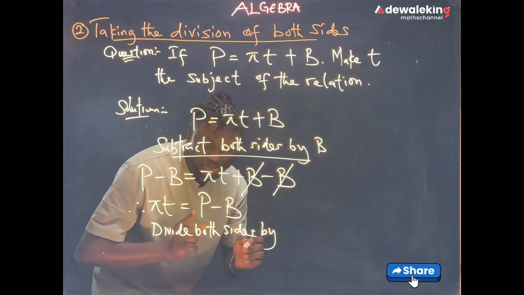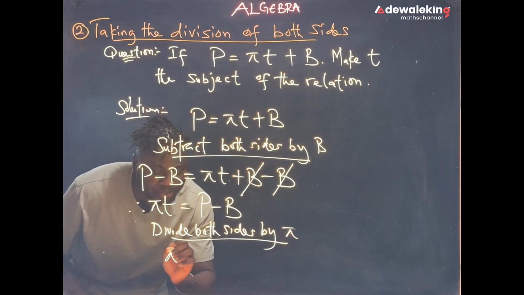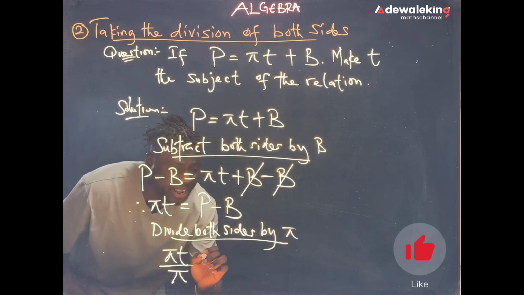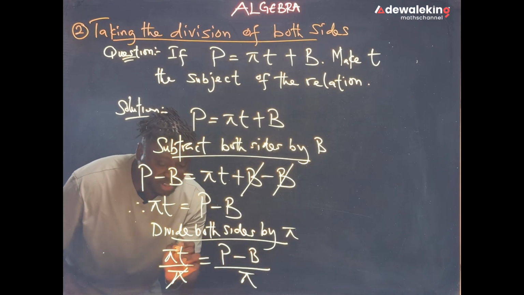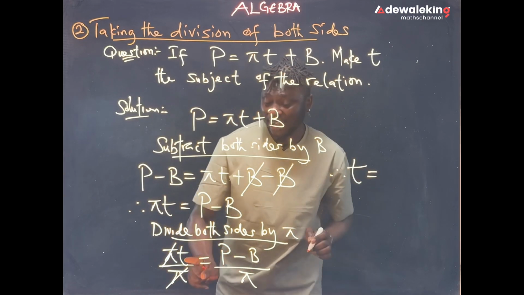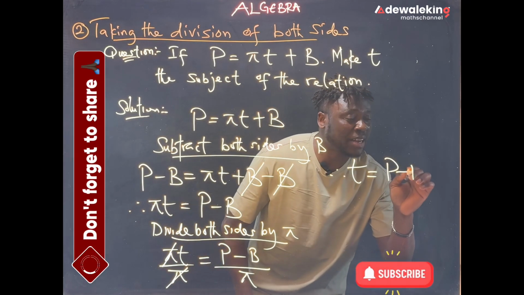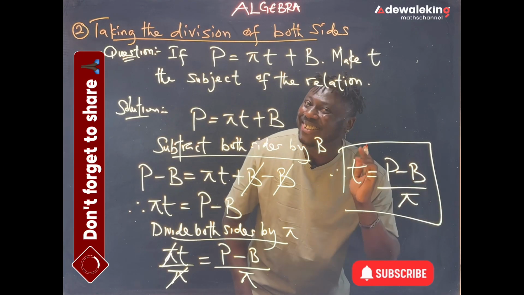So we say divide both sides by pi, and it will be pi t divided by pi, P minus B divided by pi. So this will cancel this, and the final answer will be t equals P minus B over pi, and that will be the answer.